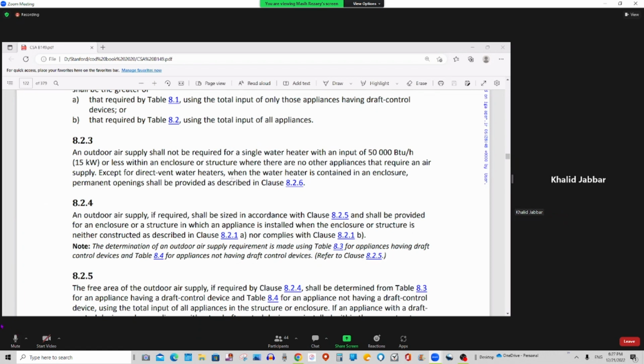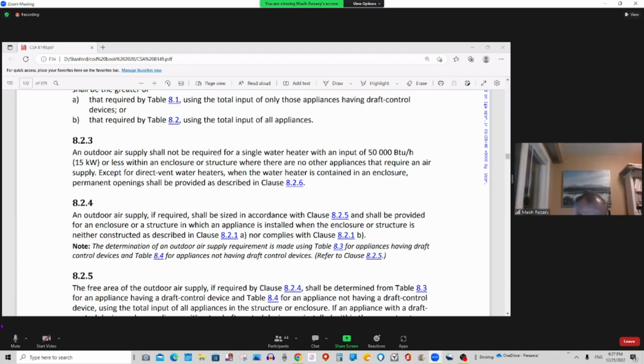Please highlight it. It comes in your test: for a single hot water tank, 50,000 or less. But if this hot water tank is close to the furnace, it is needed. If it's with another dryer or something else, it is needed. Only.